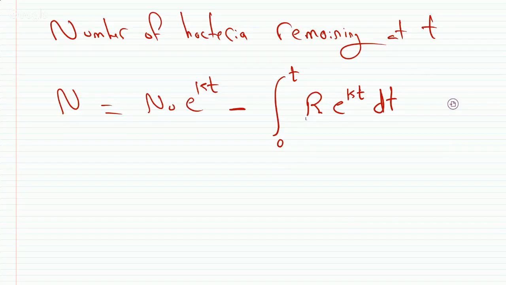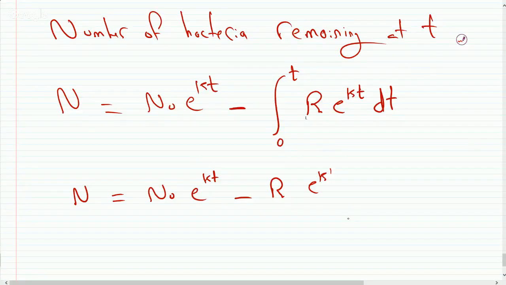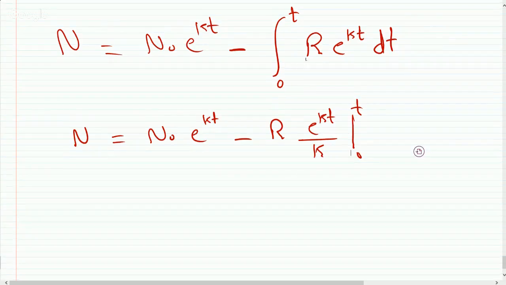And so now this becomes N0 e to the kt minus r, which is a constant. e to the kt becomes e to the kt divided by k, chain rule backwards, from 0 to t. I'm talking right hand side here. Only this.